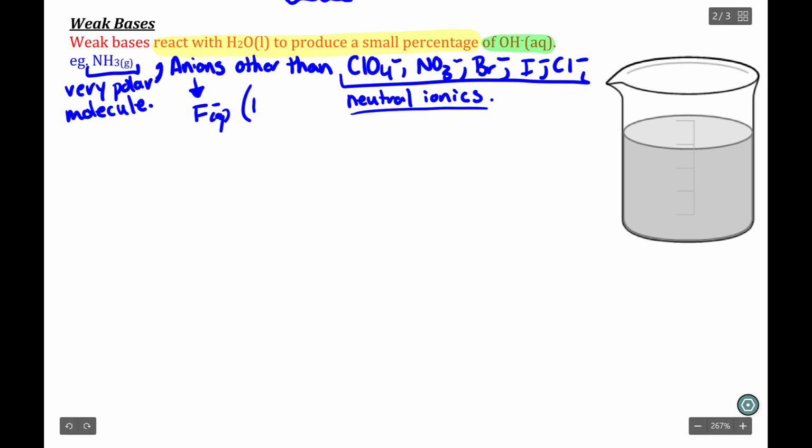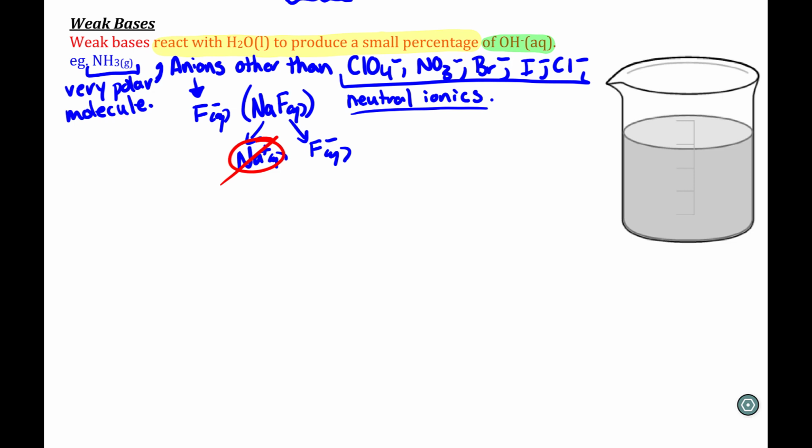So for instance, I might write something like NaF aqueous, because realistically, the Na plus is an ion in solution, and the F minus is an ion in solution. The Na plus is just a spectator. It doesn't do anything. So when we did spectator ions in net ionic reactions, again, this is a spectator. It's not part of the reaction. It wouldn't be included there.